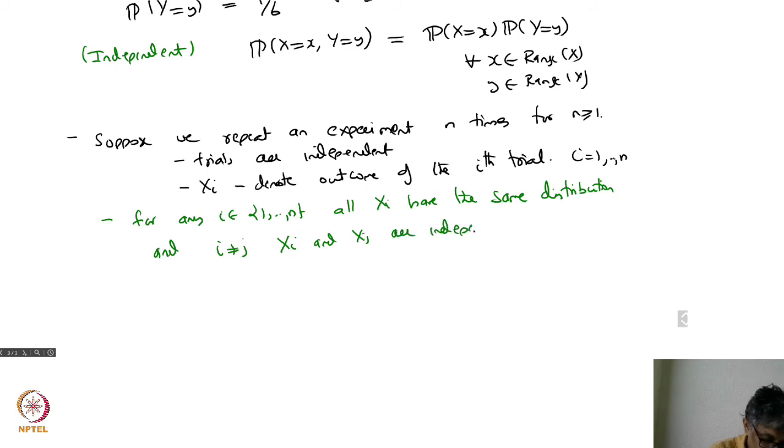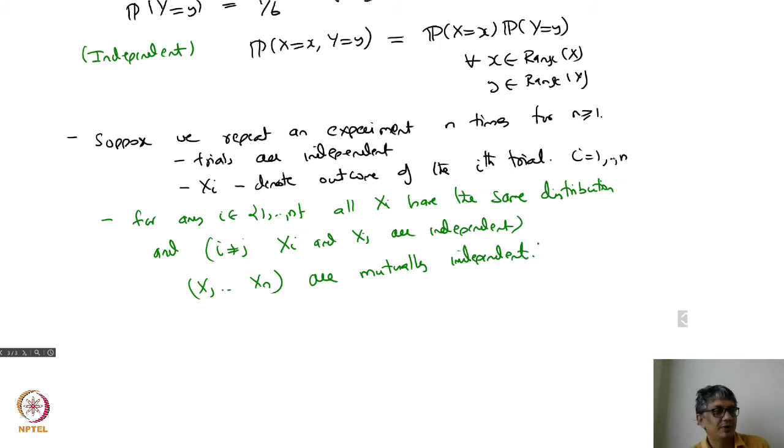That's one immediate consequence, because each trial is independent. Moreover, as an immediate byproduct, you can also say that X1, X2, up to Xn are mutually independent. That's the consequence of having n independent trials.